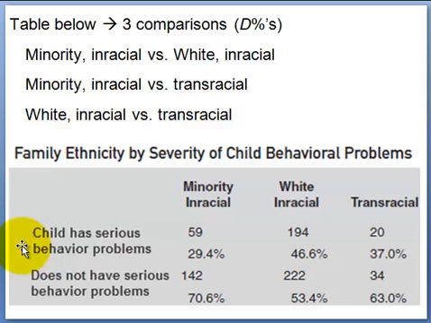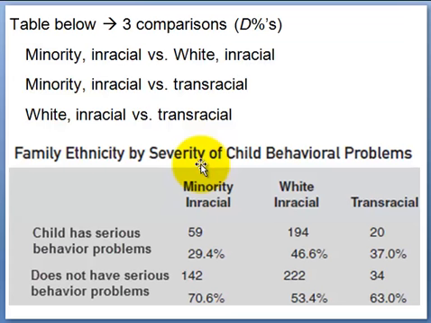Our row variable is, does the child have serious behavior problems? Yes or no. And our column variable examines family ethnicity. So in the special needs adoption research that my colleague Victor Groza and I did, we divided families into 3 types, and most of the families fit one of these 3 types.